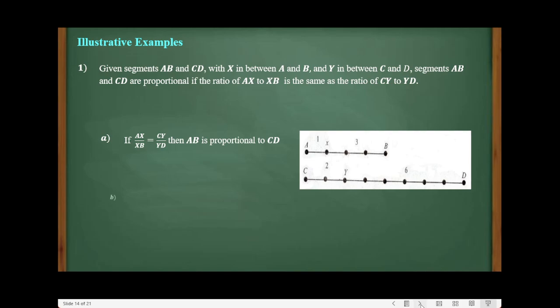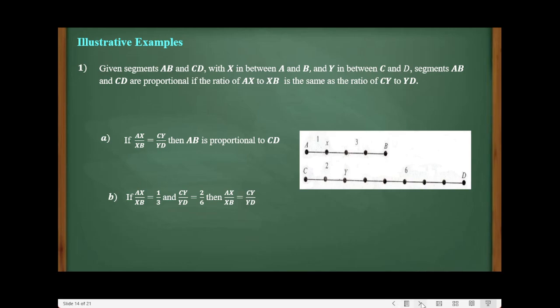Now, for letter B, if AX over XB is equal to 1/3, and CY over YD is equal to 2/6, then we can say that AX over XB is equal to CY over YD by the transitive property, or by transitivity.